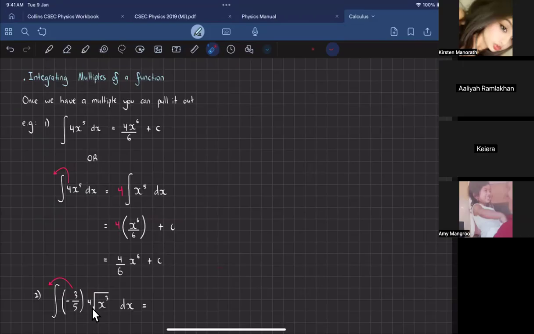Wait, so you're multiplying the minus 3/5 by the 4/7. Yeah. Well, not the 4/7, huh?